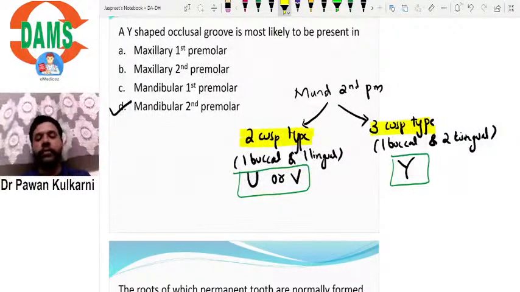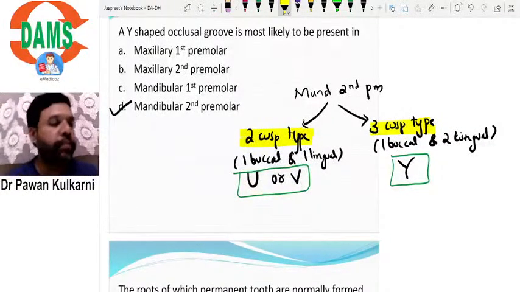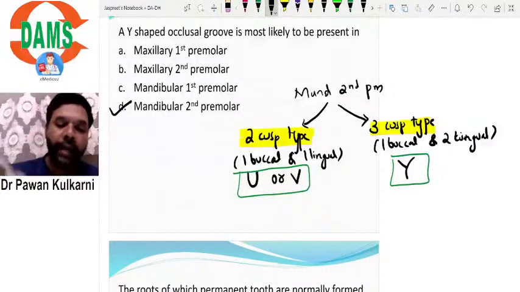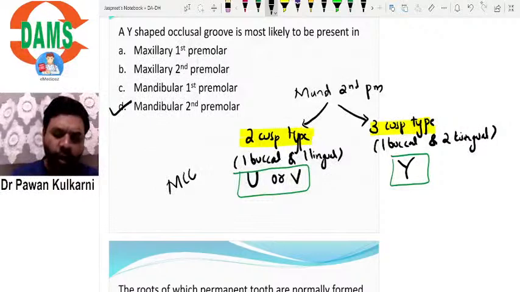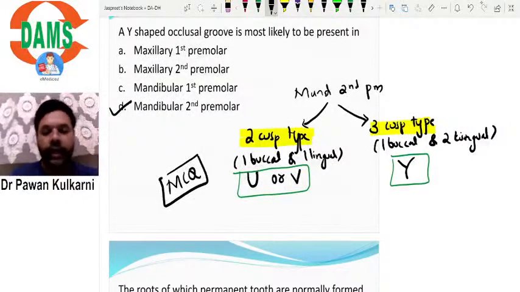Depending upon the cusp type, the groove pattern will be either Y or U or V. This is a very frequent MCQ, very commonly asked regarding the groove pattern.